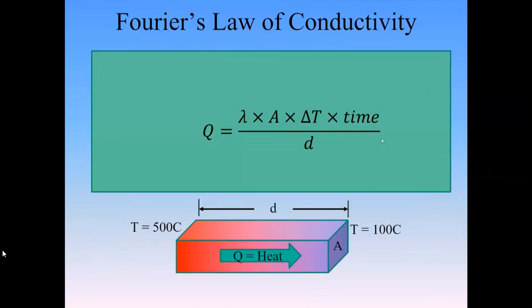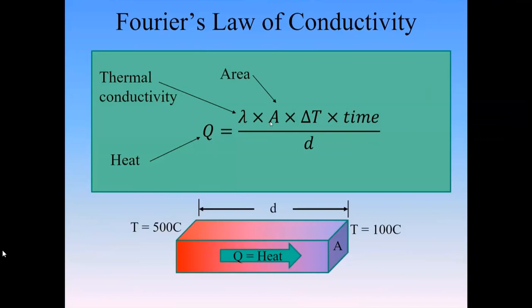This is the major equation for conduction. We have a few things that go into how much heat can be transferred. So Q is my rate of heat transfer, or amount of heat, in the way I've drawn up my equation. What comes into play is how conductive is the material?